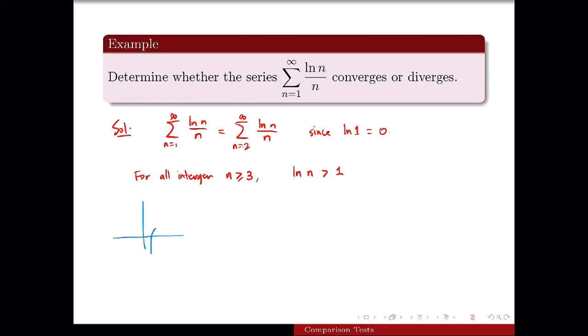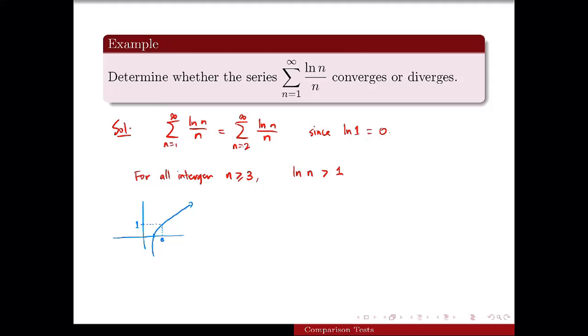It's something like this. If this is the value 1, this here is e, approximately 2.718. So 2 is somewhere here, and 3 is somewhere here.